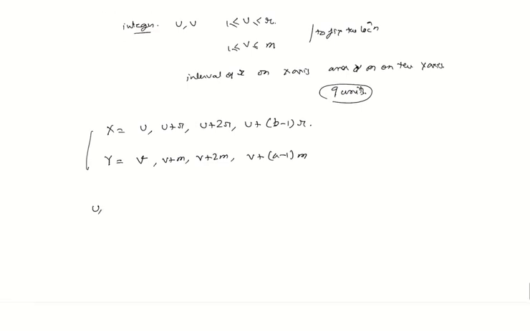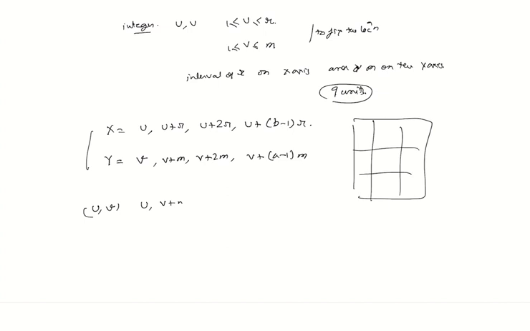The first is going to be u, v, the next is going to be u, v plus m. Imagine this is like this, right? So u, v is here, the next one is still u and v plus m, and the third one is v plus a minus 1, which is 3 minus 1 is 2, so this is going to be 2m.